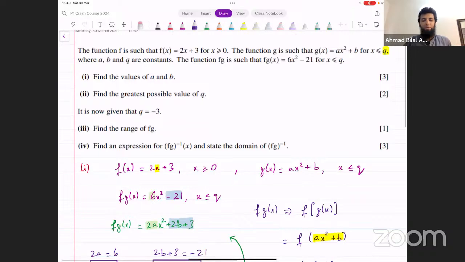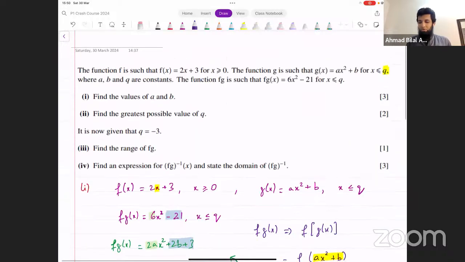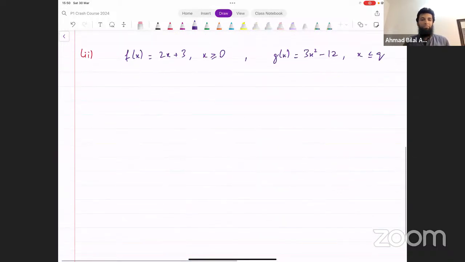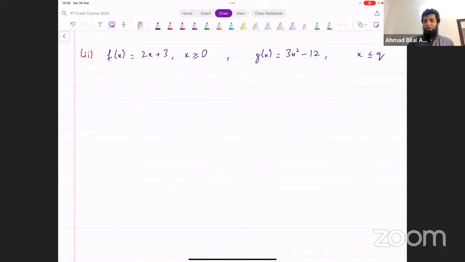Now we know the values of a and b. A is 3, so that's 3x squared plus b, so that's minus 12. And the domain of this function is x less than or equal to q. So we have these two functions, f of x and g of x, and the domain of the other function, that's x less than or equal to q.